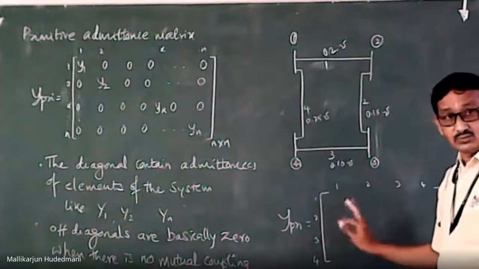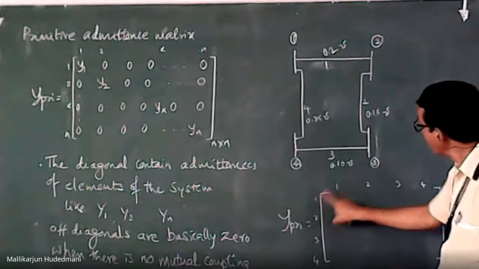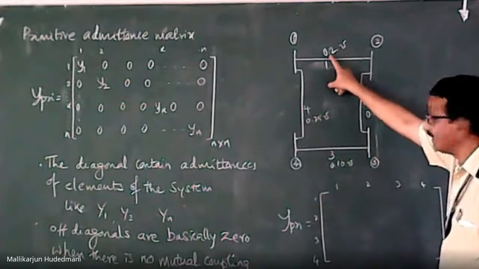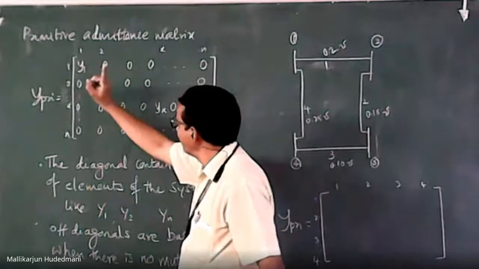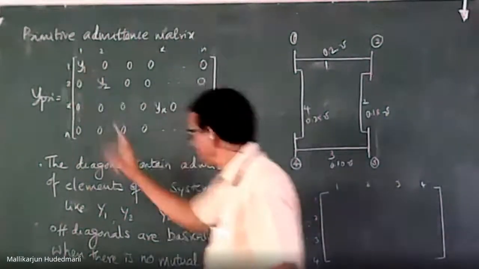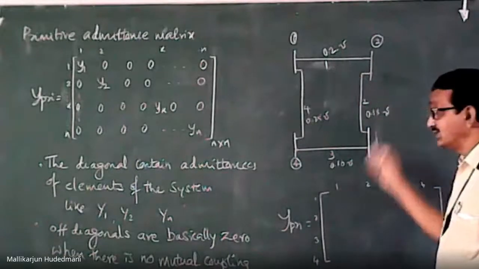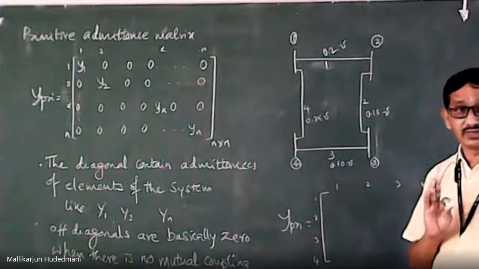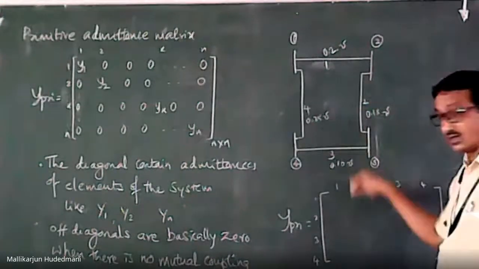Then when I want to write this in this matrix, look at this. 1 cross 1, what is the value? The elemental admittance. Can you see here? 1 means the element number 1 admittance at 1 cross 1, same as element number 1. You may ask me how I wrote these numbers. If I have been given element numbers already in the system, I should use those element numbers.